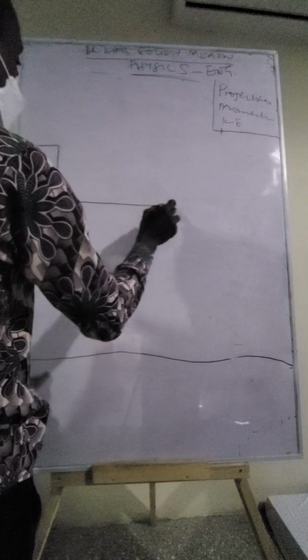Now let's move on to projectiles. I will briefly go over a few points and then I'm sure from there we can get the concept. Let's assume this is a cliff and this is below here.